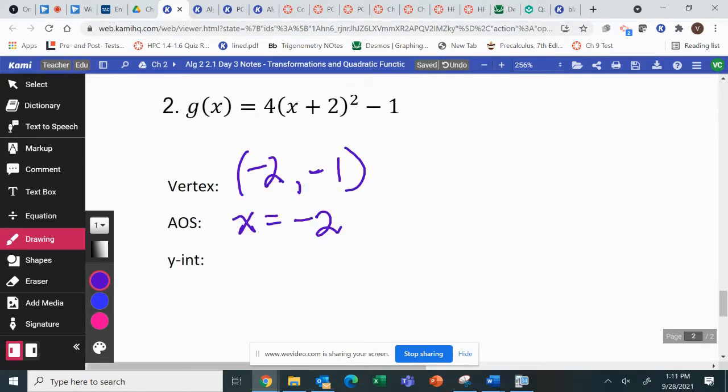Y-intercept. Maddie, you don't have to tell me the answer for the y-intercept. Just tell me, how do I find the y-intercept? Yeah. So we're going to plug in 0 for x. So I'm going to do g of 0. So 4 times 0 plus 2 squared minus 1.